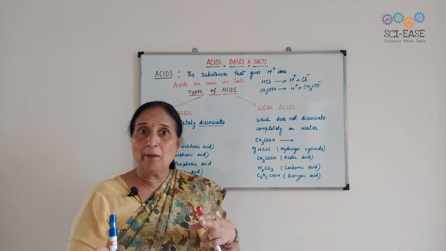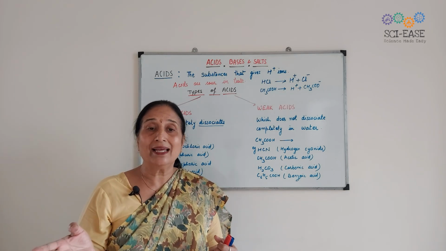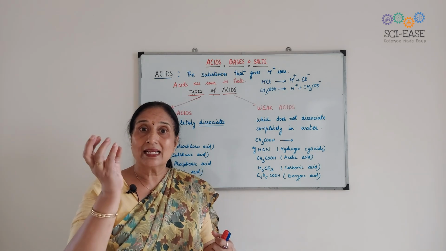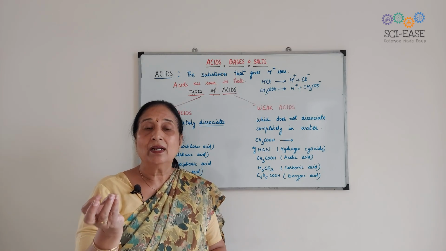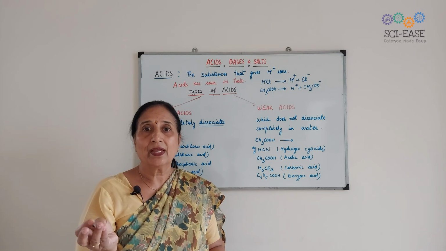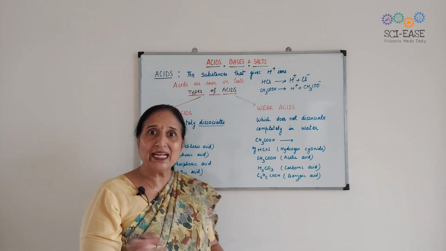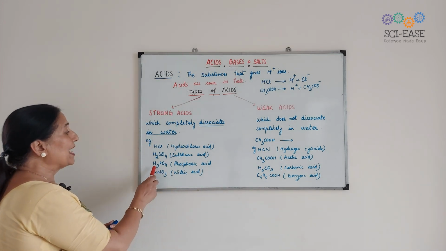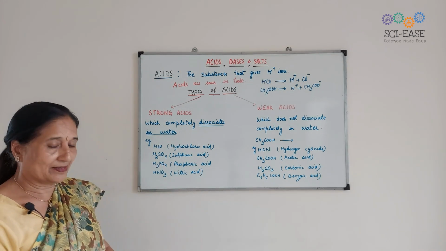What are the examples? The main examples which we come across in the lab are HCl, that is hydrochloric acid, H2SO4, that is sulfuric acid, HNO3, that is nitric acid, and H3PO4, that is phosphoric acid.